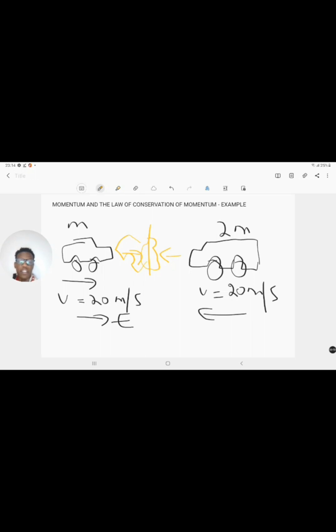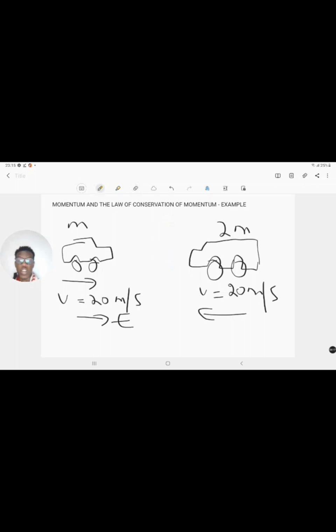Say the car collides with the truck there. After colliding, they continue moving together either in this direction or in that direction. We don't know yet, but what we know is that once they collide, they stick together and move together in a single direction.